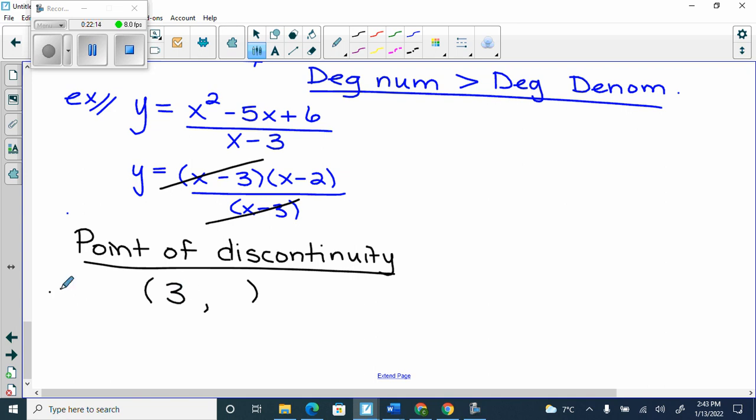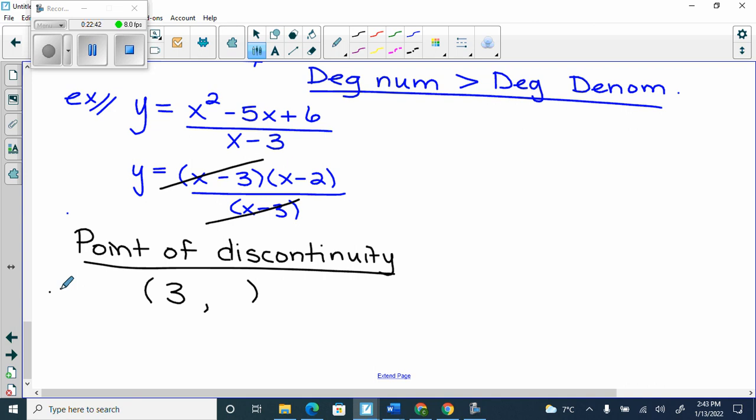Anyone have any idea how I would get the y? We know x is 3. What can we do? Put 3 in for x, not in the original, just in the simplified one, the one where I got rid of the factor.